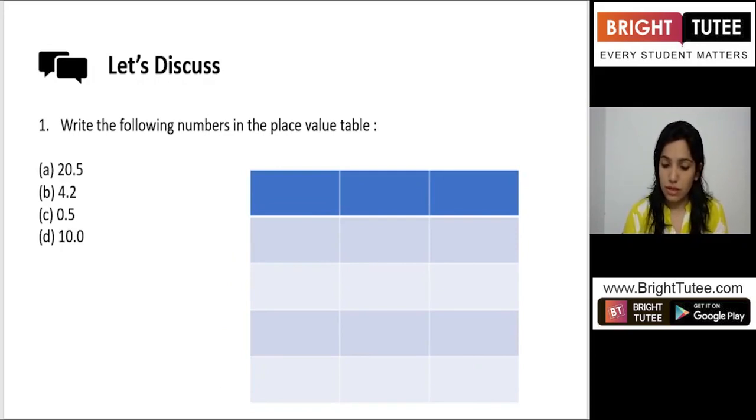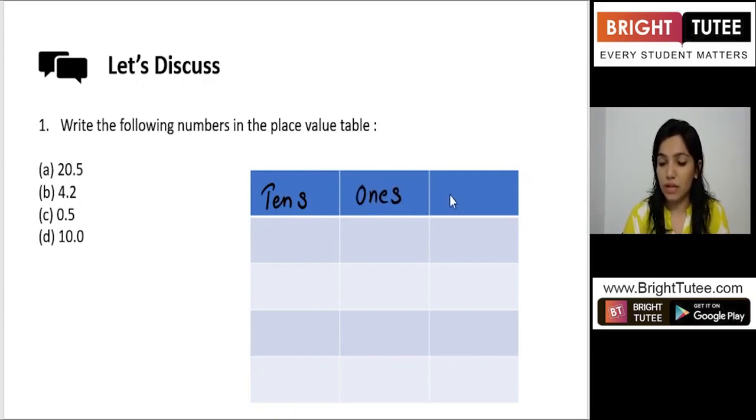Here, what do we write at the first place? You can see that the maximum number that we have is in tens. So here we write tens, and here we have ones.